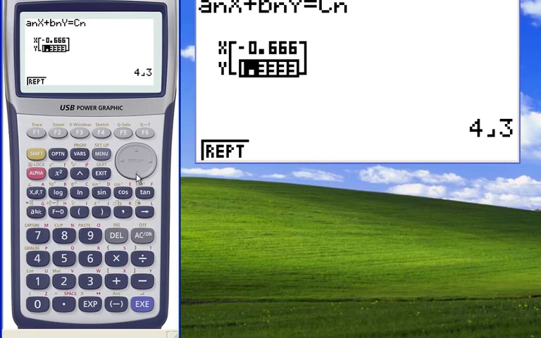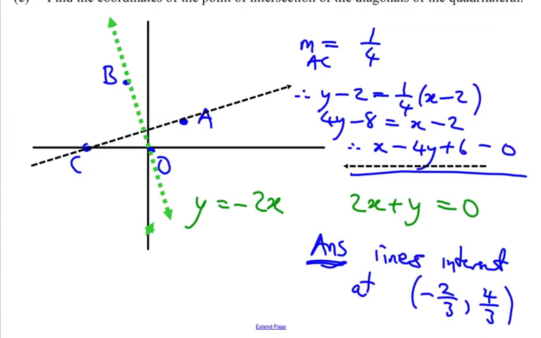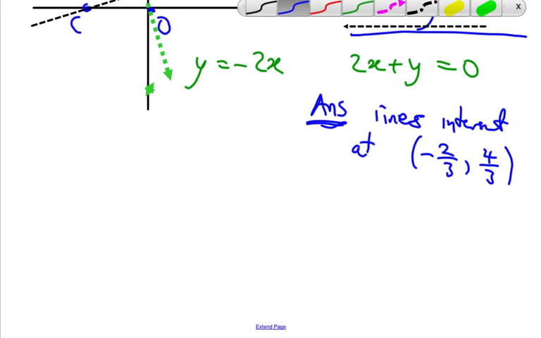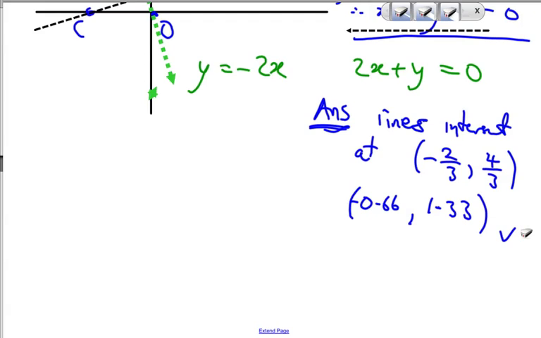Okay, but it's not about rounding and stuff in this, it's about coordinate geometry. So in this particular situation, you could write down the fractions which are better, or I actually noticed in the answers that they allowed all sorts of variations like minus 0.66, comma 1.33, that's a tick, was apparently okay.